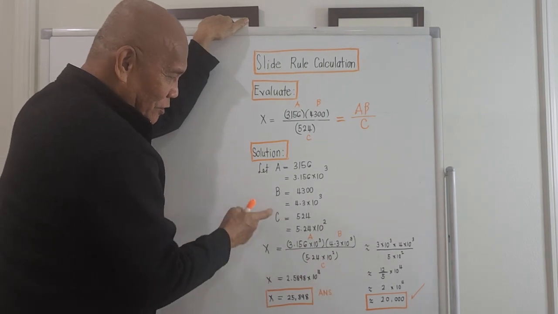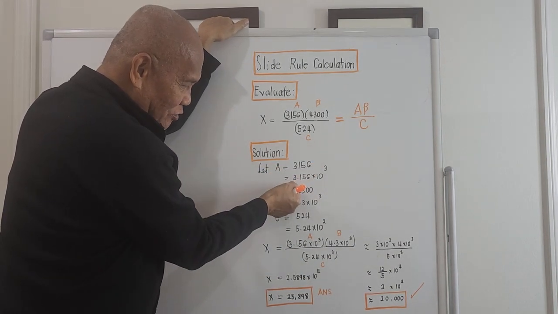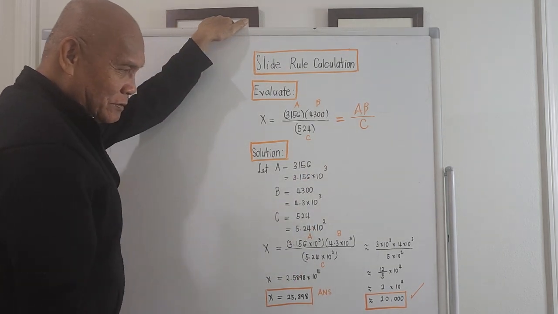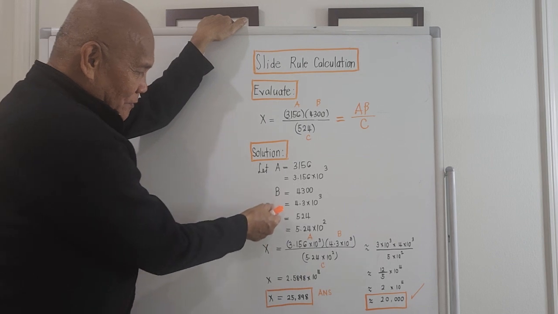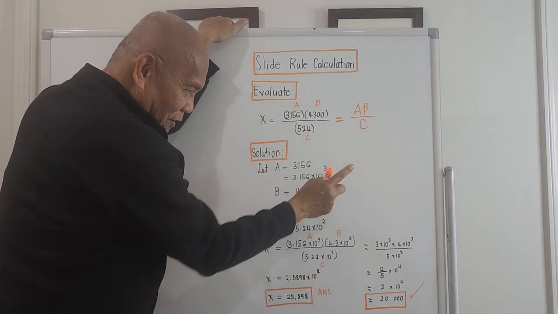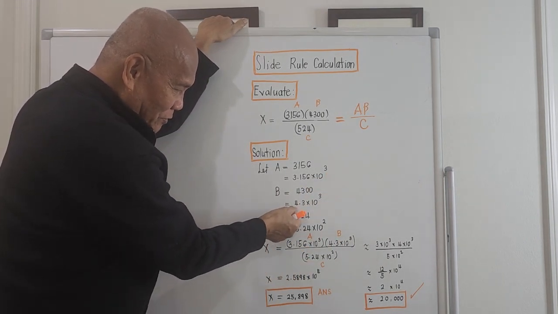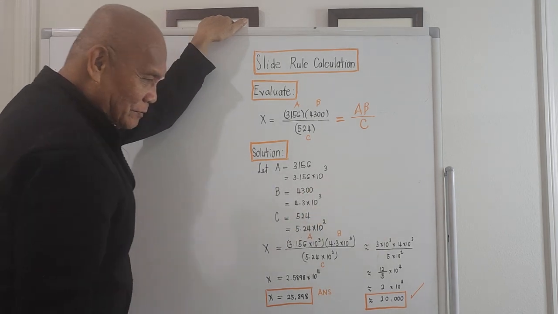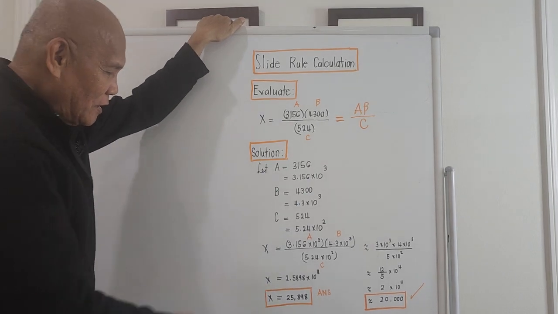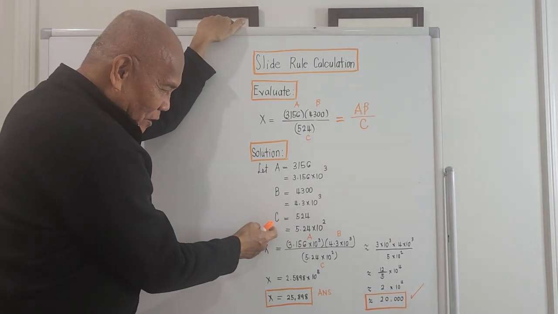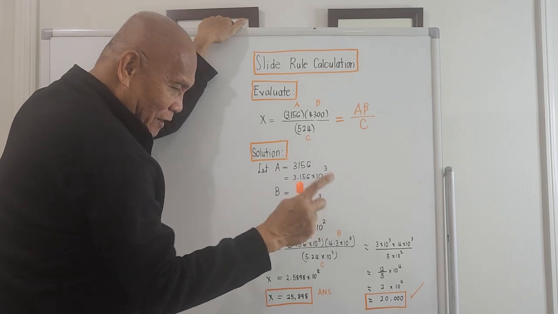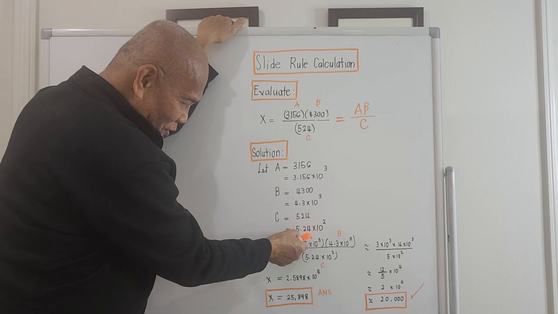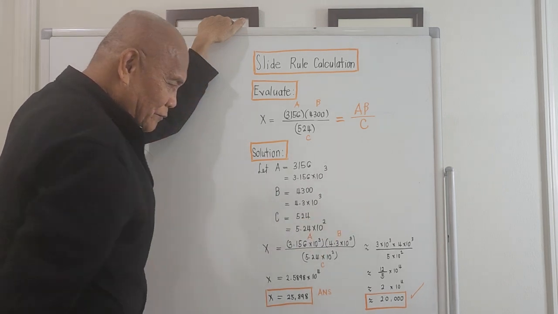Using scientific notation, 3156 can be written as 3.156 times 10 to the third power. For B, it is 4300, which can be written as 4.3 times 10 to the third power. And the value C, 524, will be 5.24 times 10 squared.